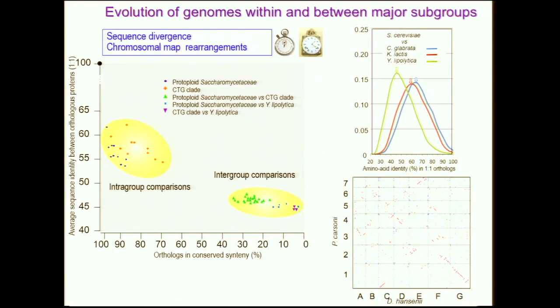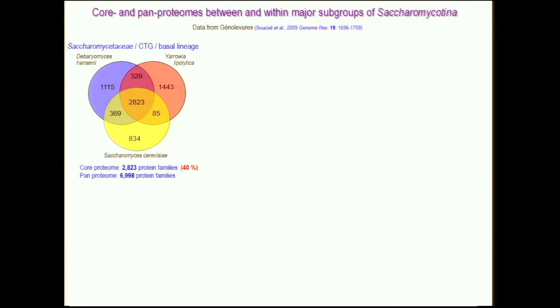But if you look at the numbers here, you find a divergence of the same order of magnitude as if you look at vertebrates from one to another. Okay, and this is an illustration of two yeasts from the CTG group compared to each other. You see the synteny has already largely disappeared. Same conclusion if you compare the proteins.